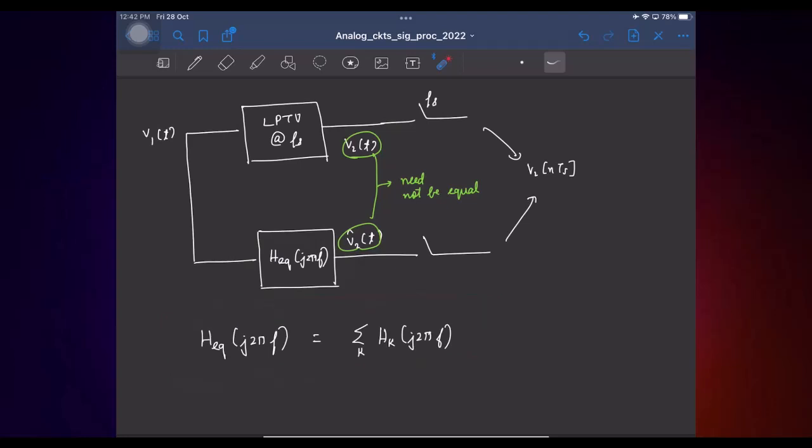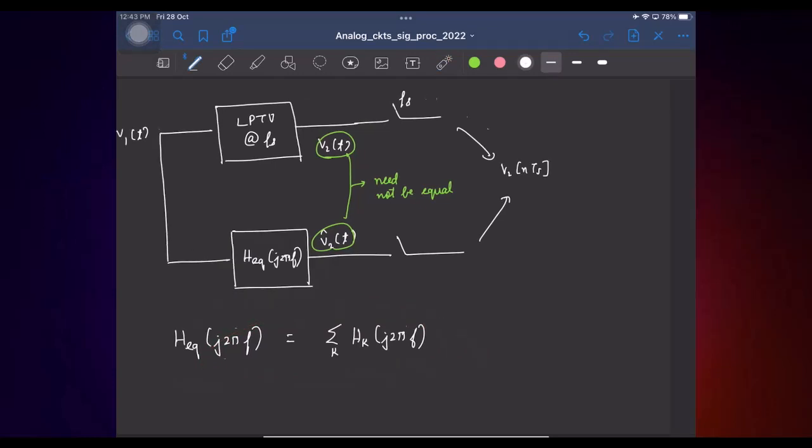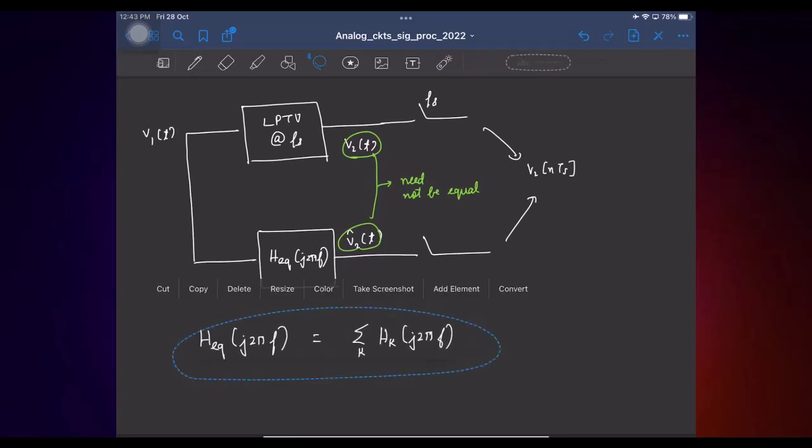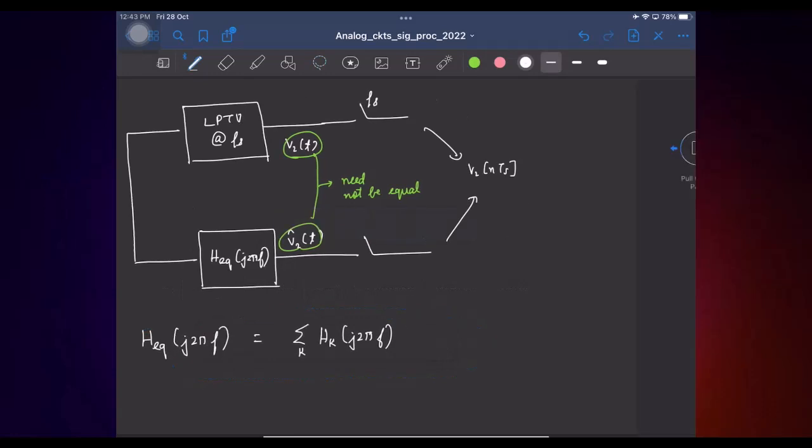One brute force way is you find Hk, put the frequency offset equal to 0, then find the total sum. Yeah, we'll come to that. One way is brute force like this, but this definitely looks very inefficient, right? Because you take everything, sum it, and lose everything. So whenever you have something inefficient like this, there is always room for innovation. And as he clearly pointed out, we can actually use the properties of Fourier series and transforms.